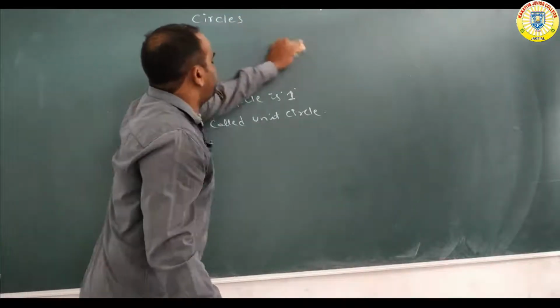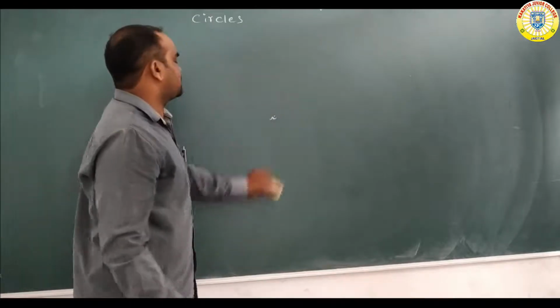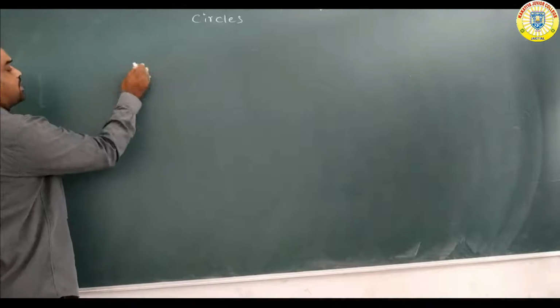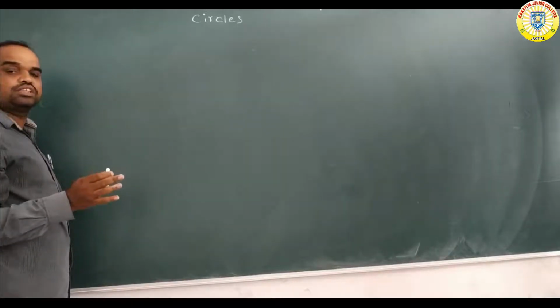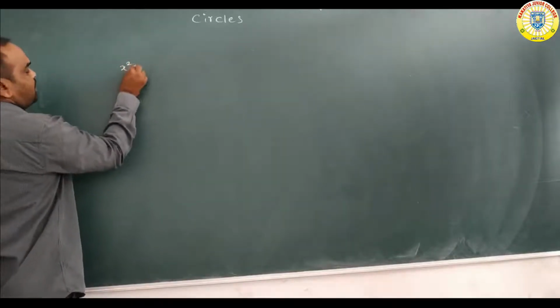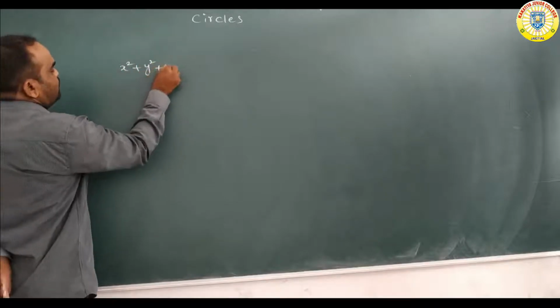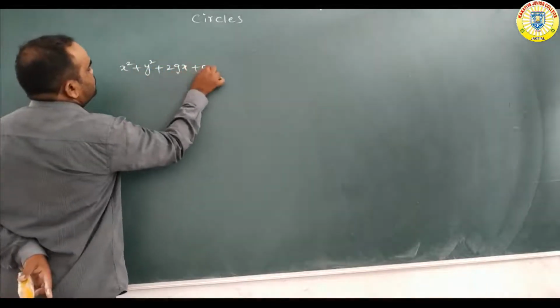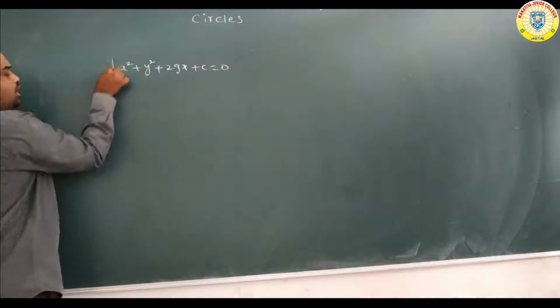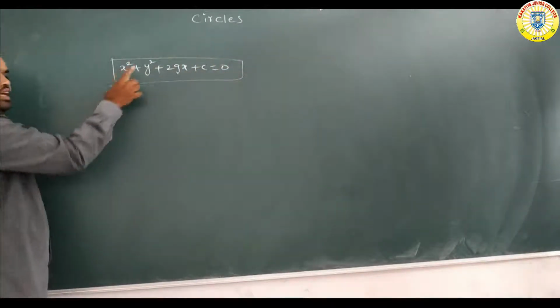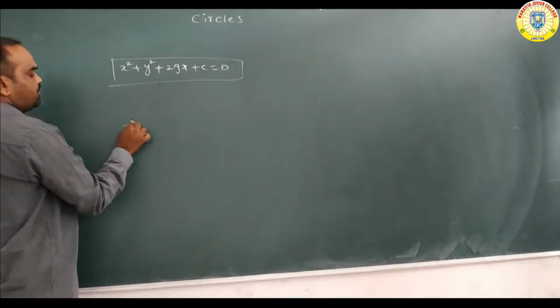Again repeating. If the center of the circle lies on the x-axis, in that case the general form of the circle equation is x square plus y square plus 2gx plus c equal to 0. Suppose the center of the circle lies on the y-axis.